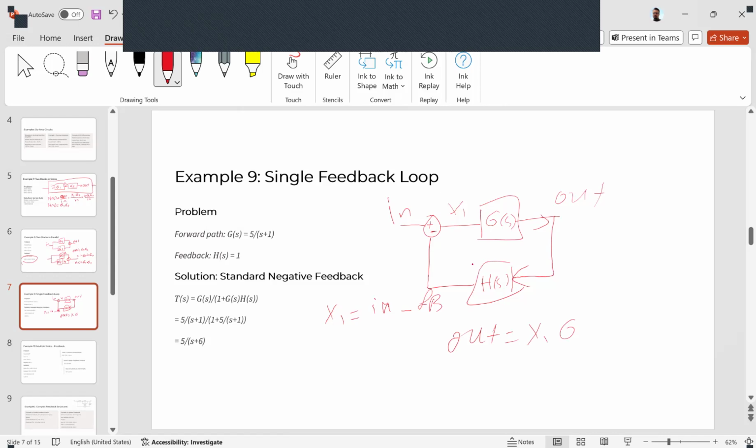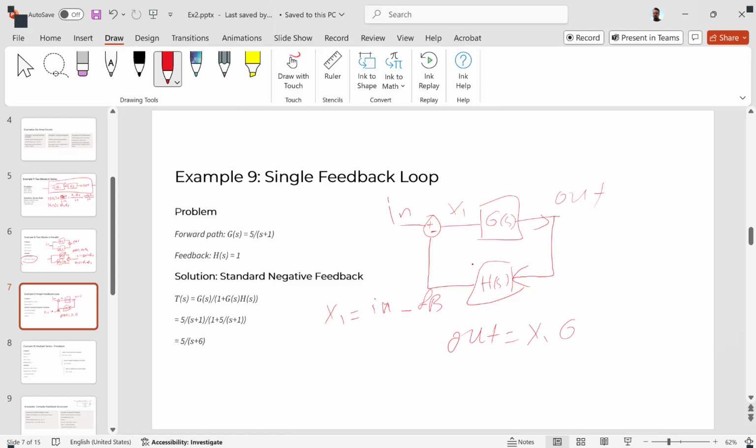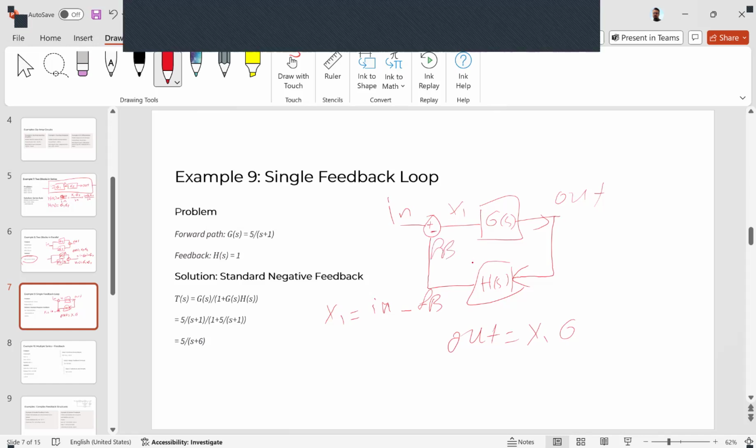What was the x1? The input minus FB. FB is here. What is the FB? HS times output, right? So FB is HS times the output. Correct?